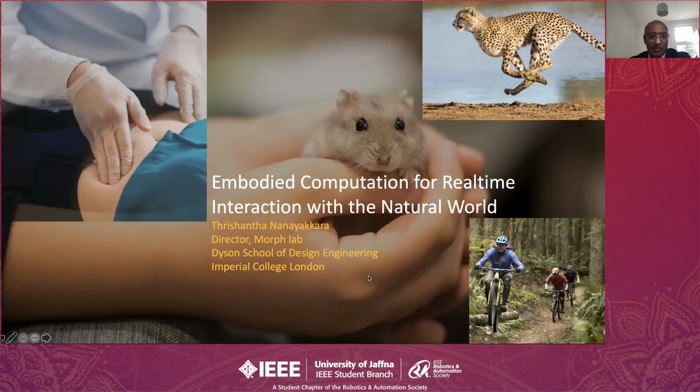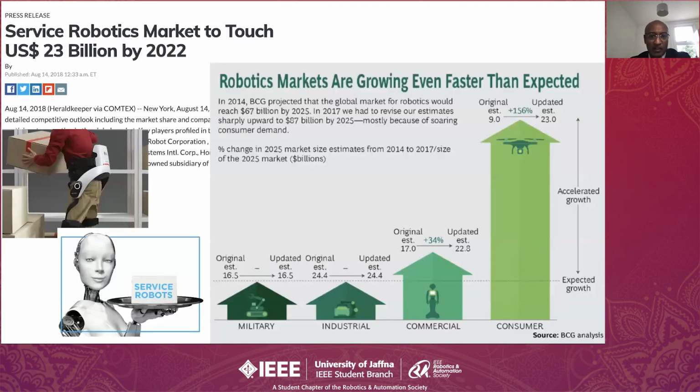The robotics market is growing very fast now. The predictions made in 2015 for 2017 had an error margin of about 34%, and huge error margins, positive.